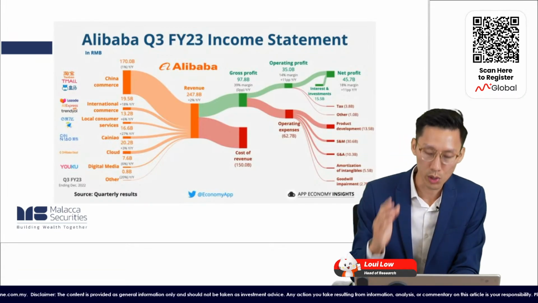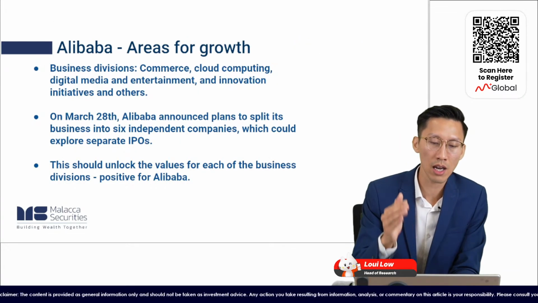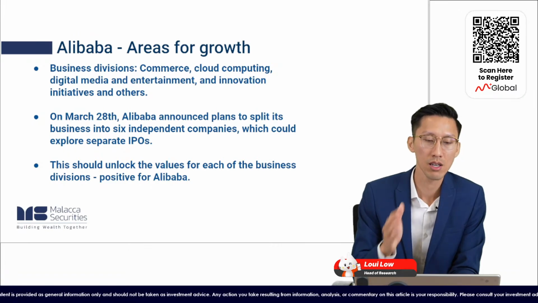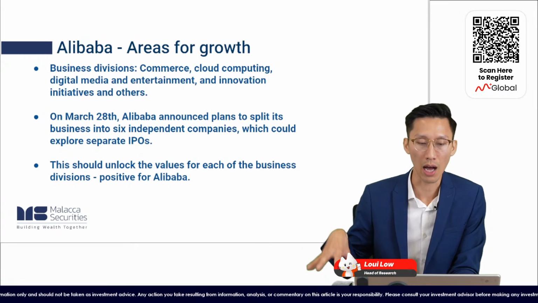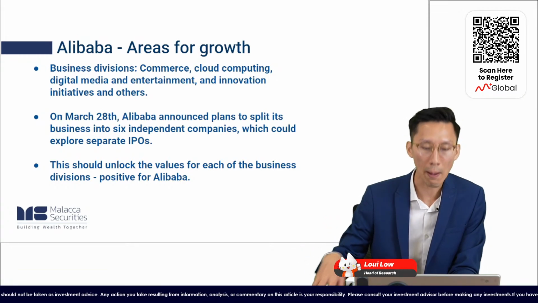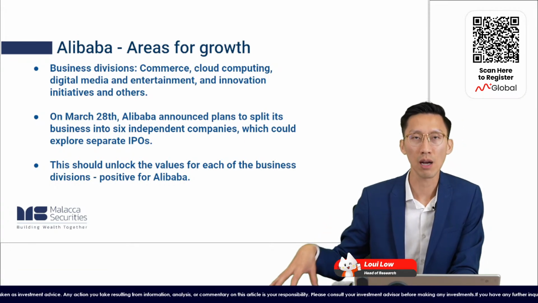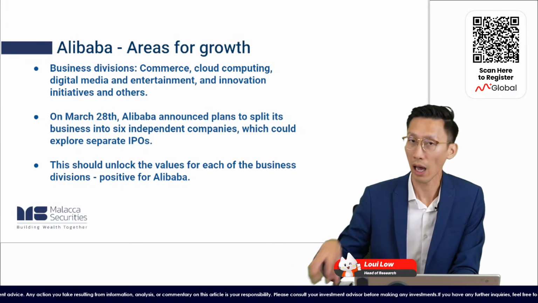Which means that if we are looking at this kind of plan that Alibaba has since March 28, any of these unlockings of value, which means that if they can go IPO, every one of those companies will be unlocked.